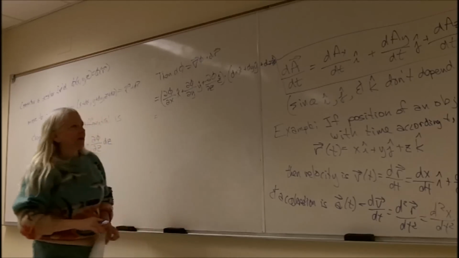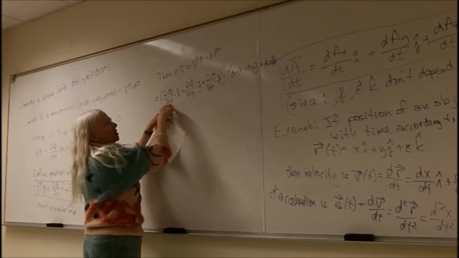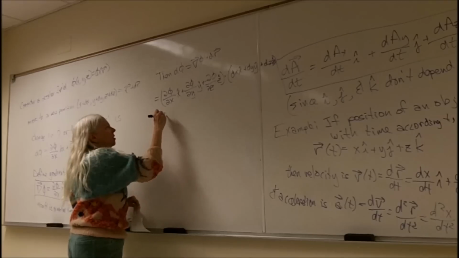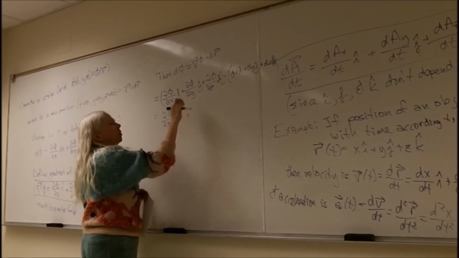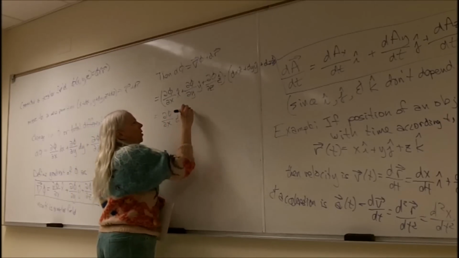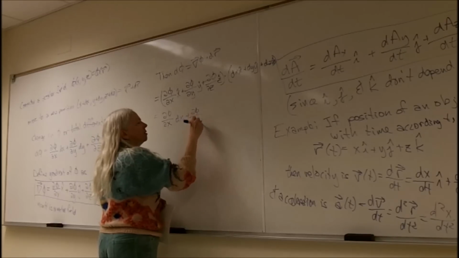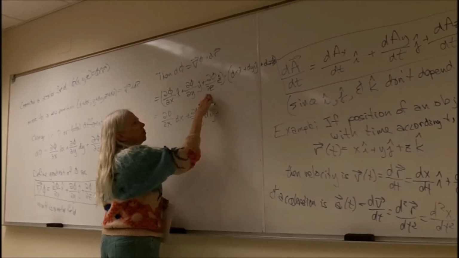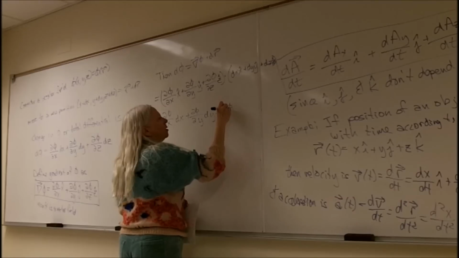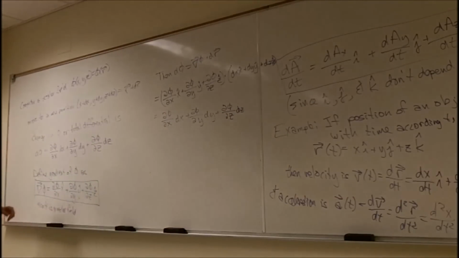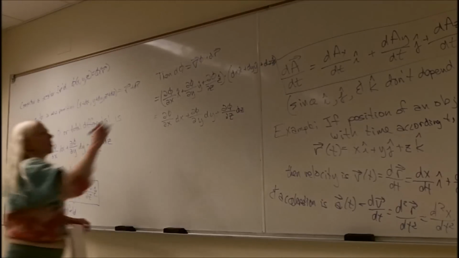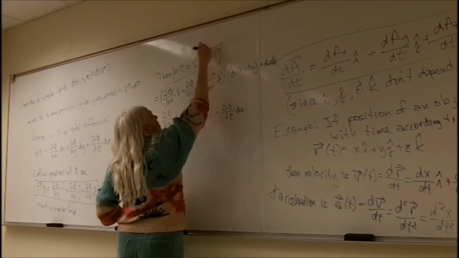And of course, when I take the dot product of two vectors, I multiply the x component of one times the x component of the other. So that gives me the partial of phi with respect to x times dx, plus the y component of this one times the y component of that one, plus the z component of this one times the z component of that one. And of course, that agrees with the d phi I wrote right here. So you can see with this definition of the gradient, this total differential can be written like that.